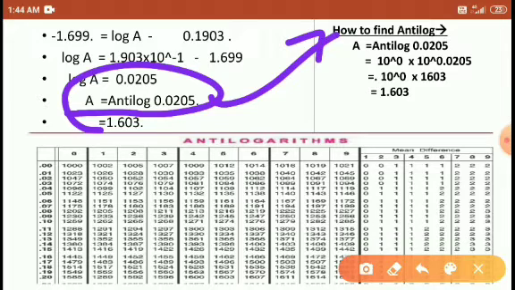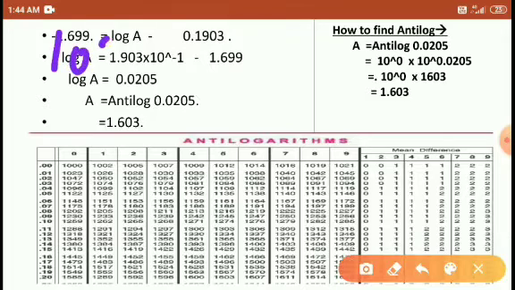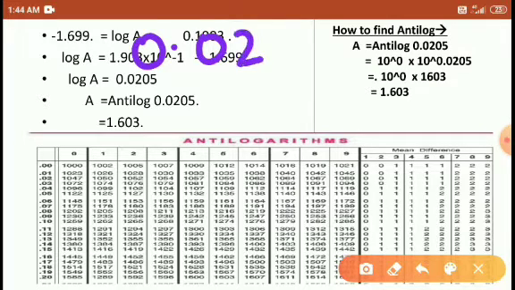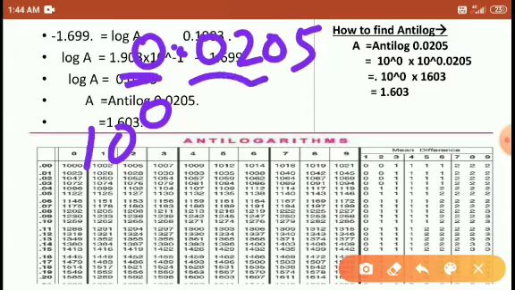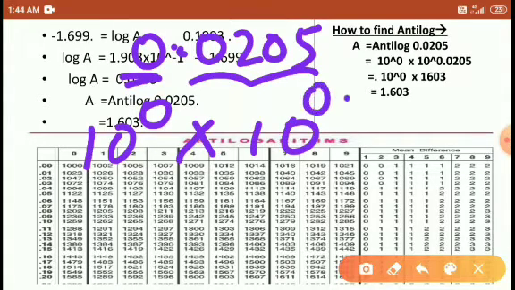So we have to find the antilog of 0.0205. For this, we have to separate the value. I will show here: antilog of 0.0205. This is first written as 10 to the power of 0, and the remaining written after the point, 0.0205.